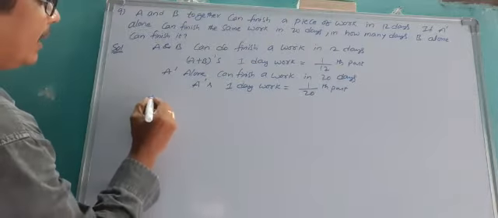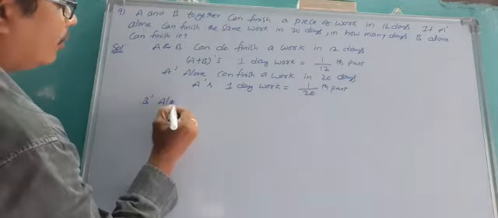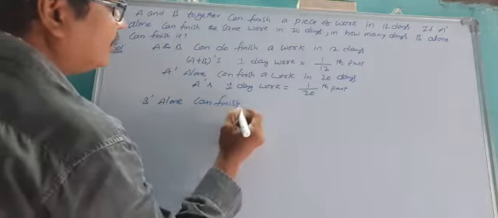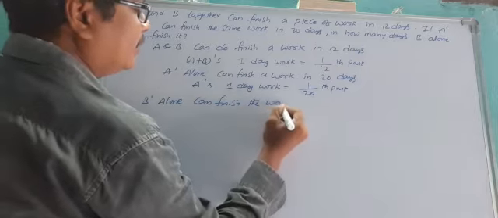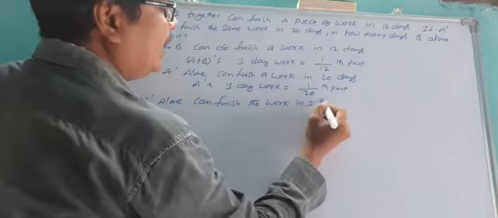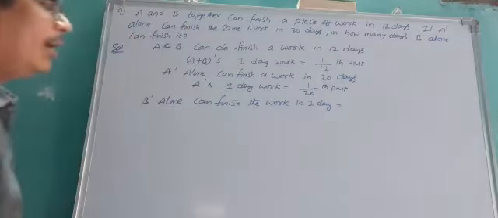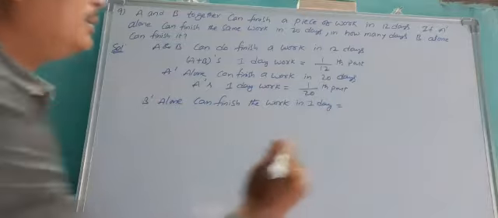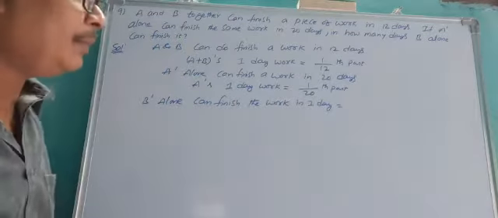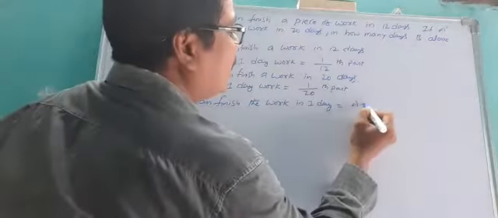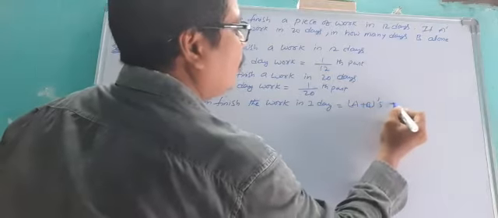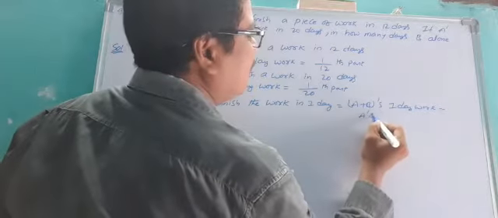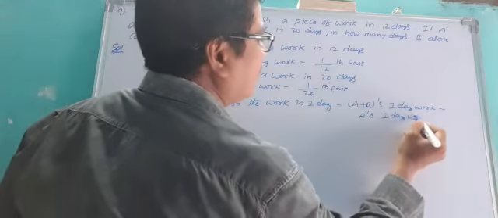So what do we want? B alone can finish the work in 1 day, equal to how many parts? You have to find out the parts. That means A plus B's 1 day work minus A's 1 day work.